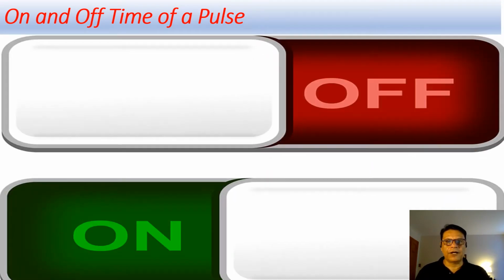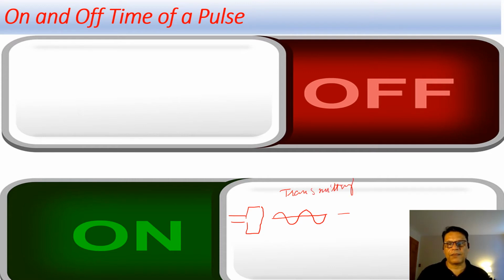So on and off time, we already discussed that when a transducer produces a pulse, this is called transmitting time, also called talking time, and also known as on time.